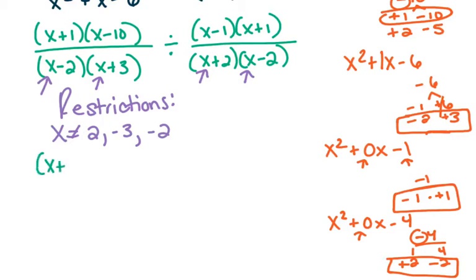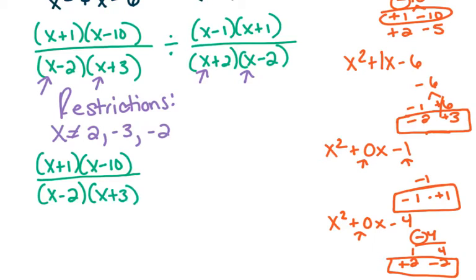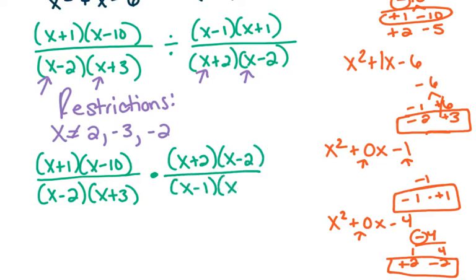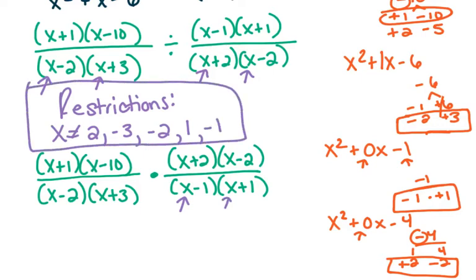So x plus 1 times x minus 10 over x minus 2 times x plus 3, times x plus 2 times x minus 2 over x minus 1 times x plus 1. And now I have a new denominator that I have to include restrictions for. So x also cannot equal 1 or negative 1. So these are all my restrictions. There's a lot of them.